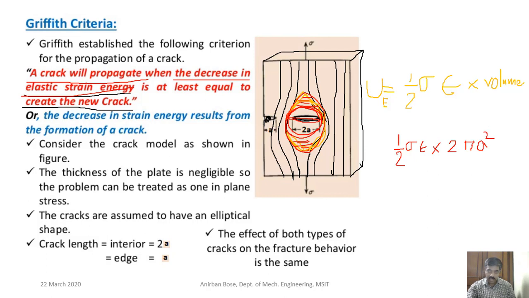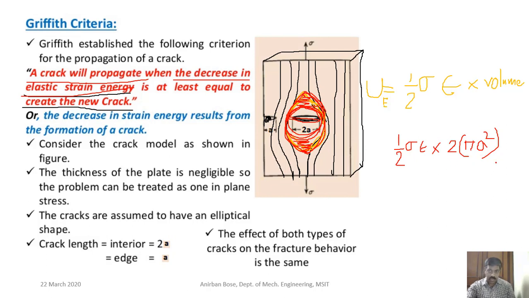That means pi a square for this portion, and for the remaining portion, the summation of these two portions is again another pi a square, another circular area. So the total area of this shape is approximately equal to 2 pi a square.